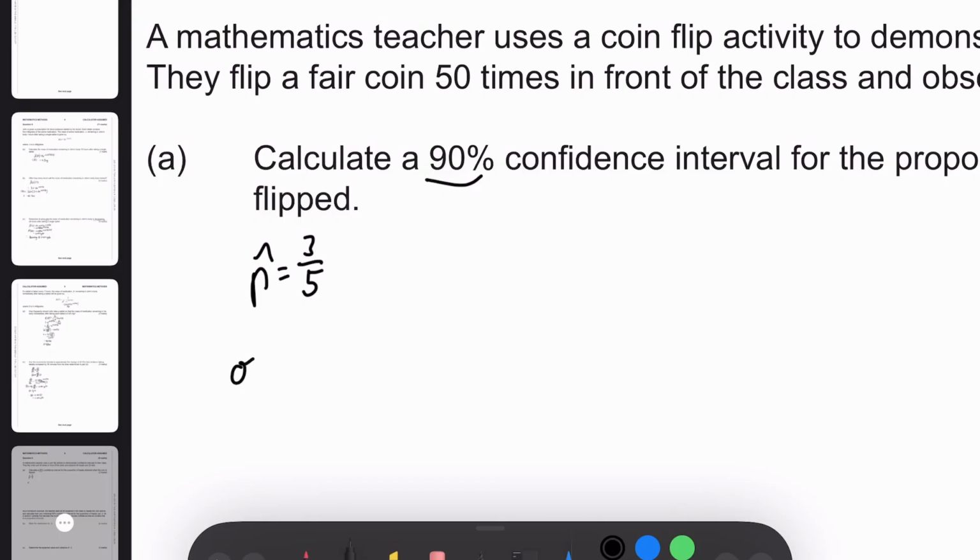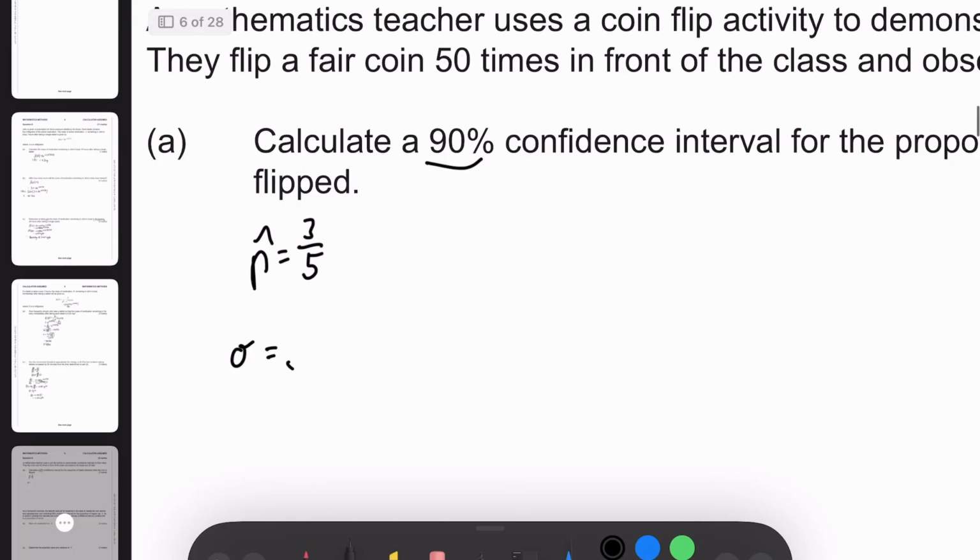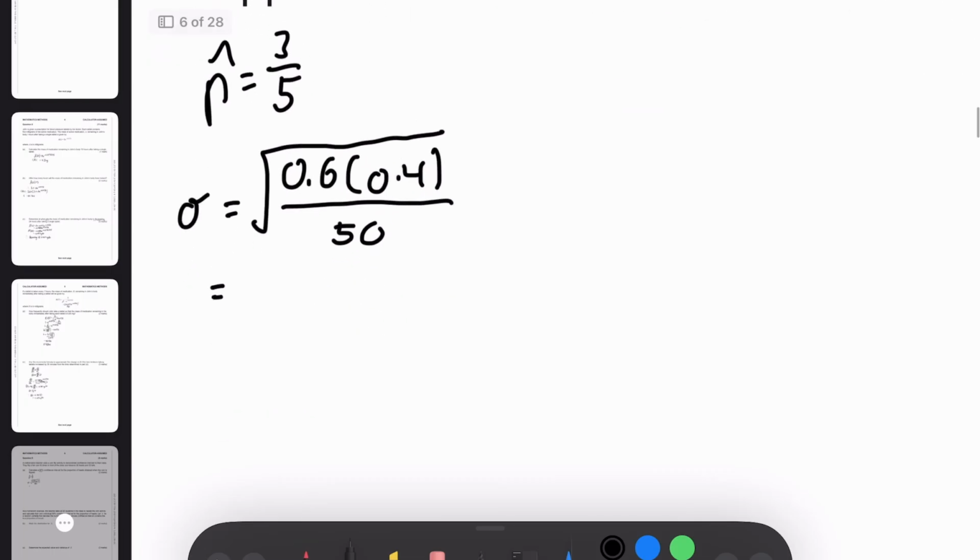So sigma is going to be the square root of 0.6 times 0.4 divided by 50, since 1 minus 0.6 is 0.4 and our sample size was 50. That is 0.069. Then our k value is going to be 1.645. Am I right? Yes, I'm right.